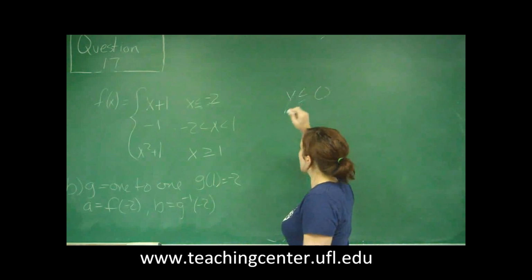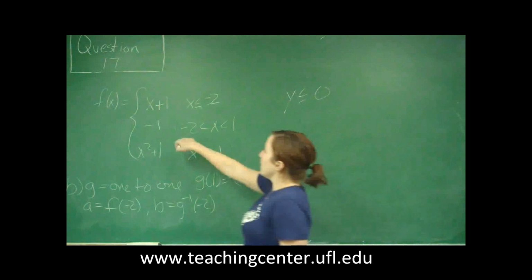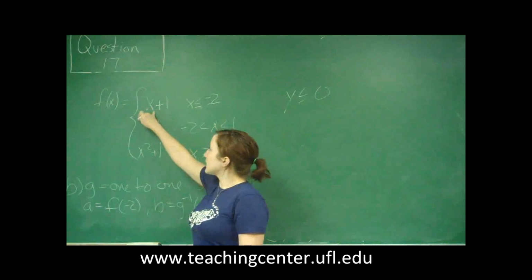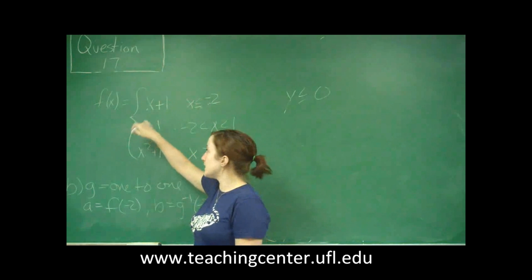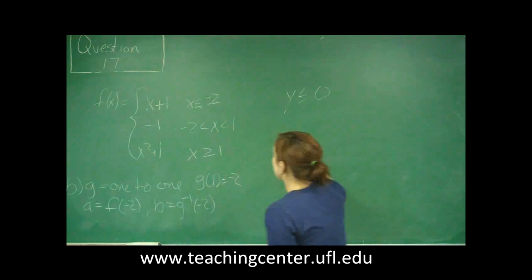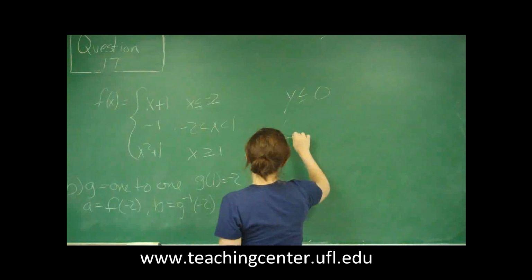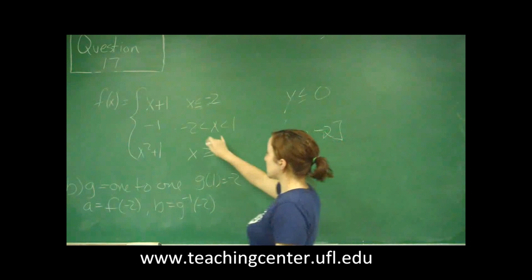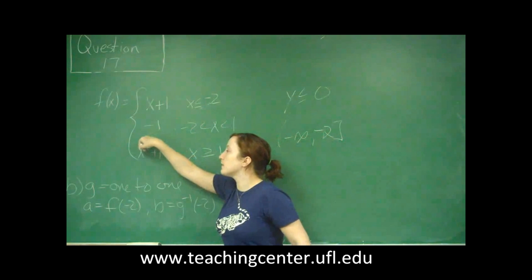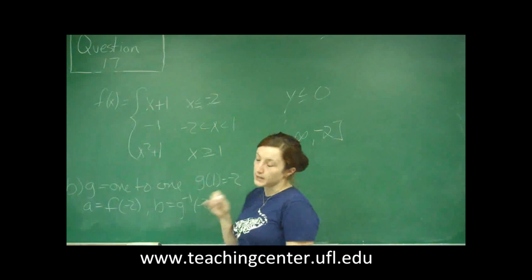equal to 0. So, for this first part, any negative value that I plug in here up through negative 2 will give me negative values. So I know that it's at least going to be from negative infinity to negative 2 bracket. But then again, I look here, and all of my y values are negative from negative 2 to 1 as well.